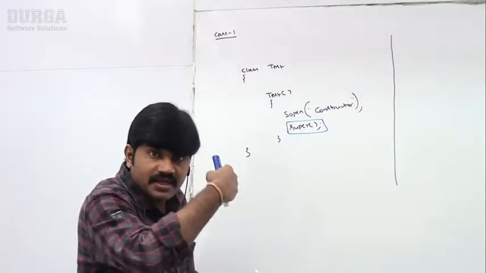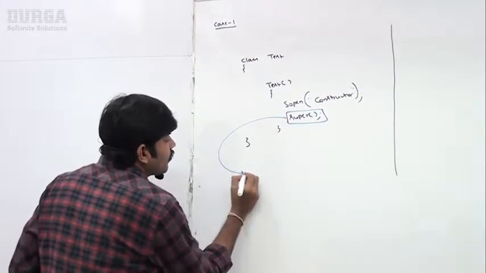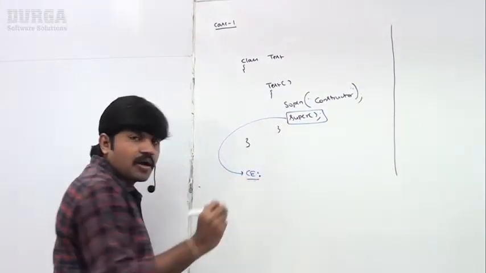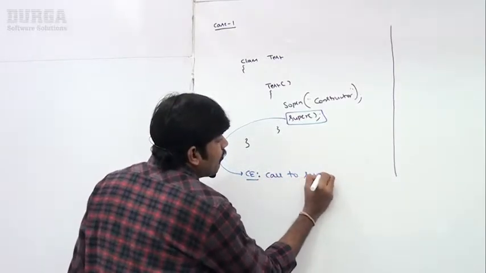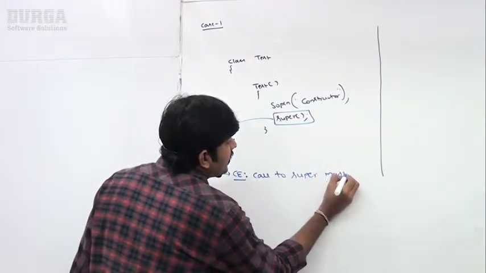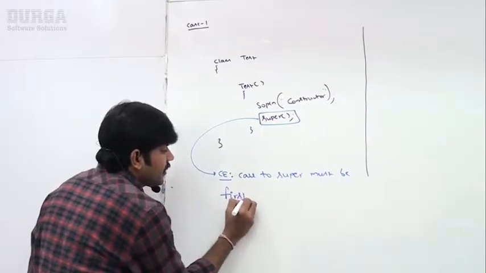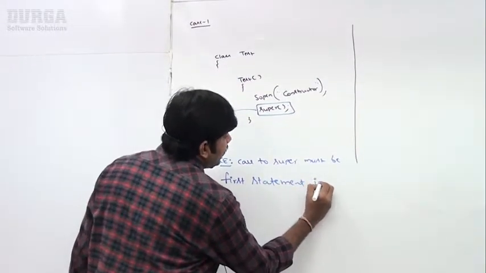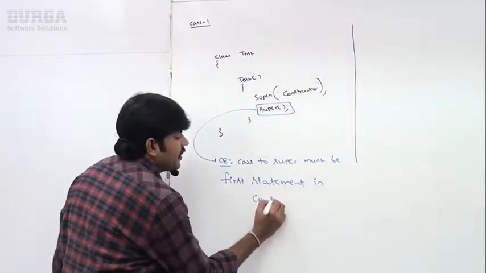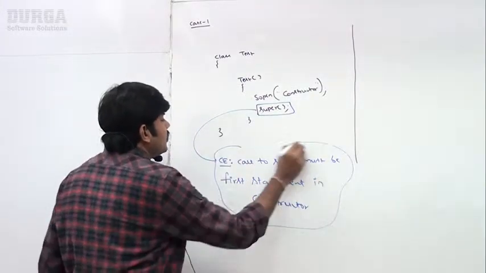This is the syntactical mistake we have. Now what compile time error are we going to get? Call to super must be first statement in constructor. This is the compile time error we are going to get by default, sir. Observe that.